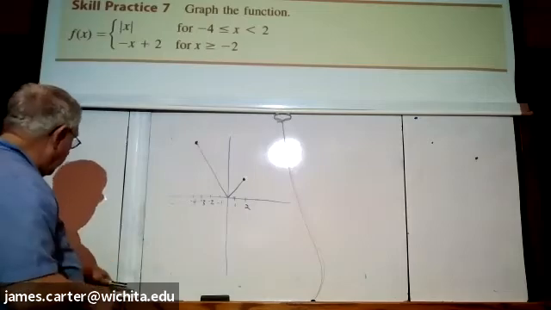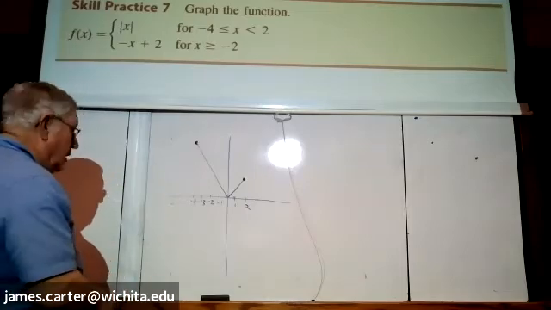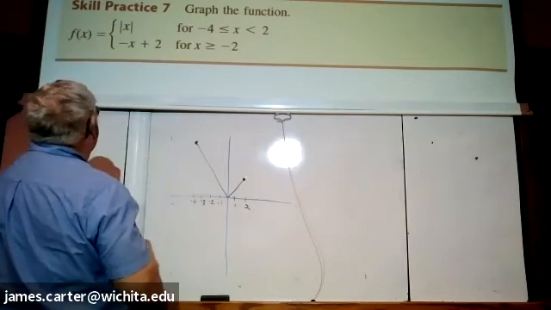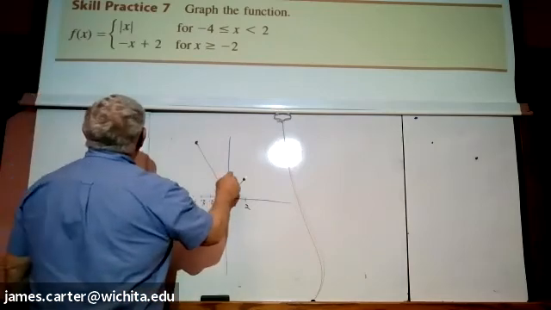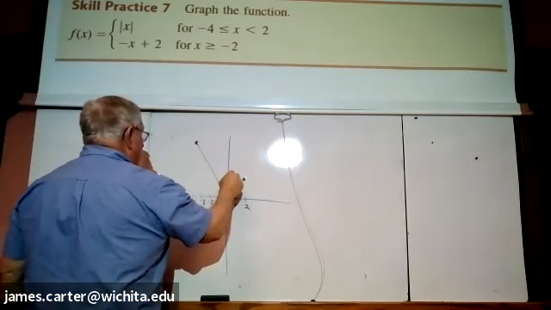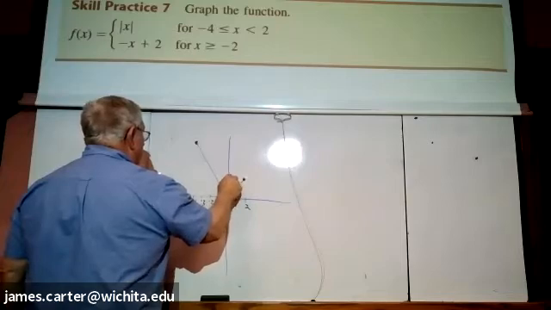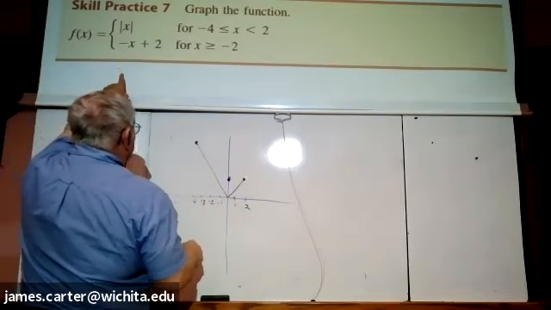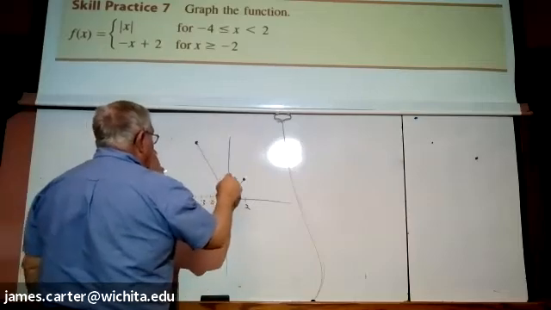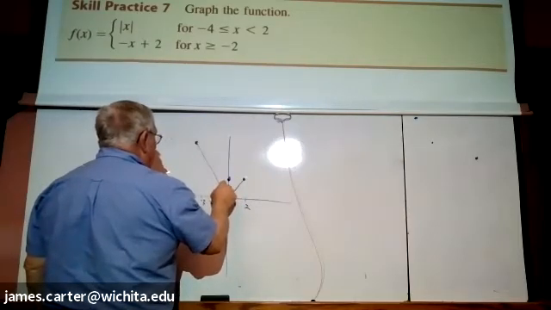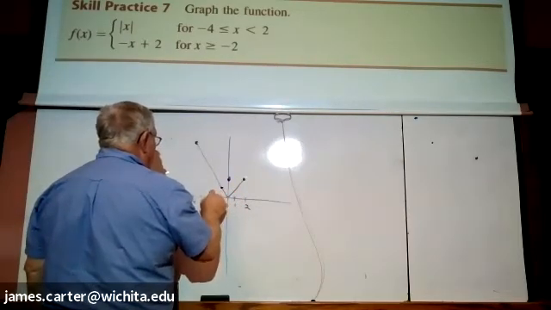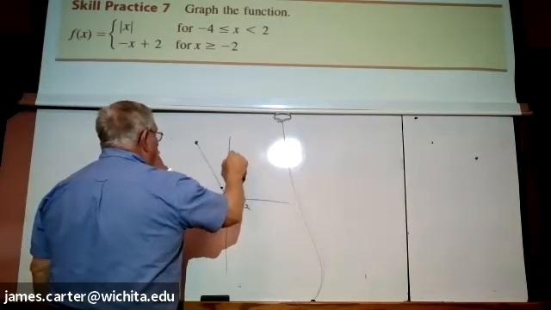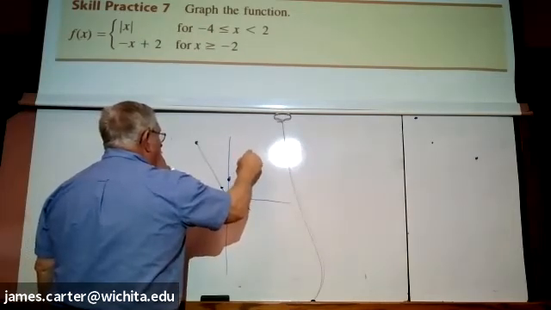Now let's look at the second one. The second one is going to be a line with the y-intercept at +2. Okay. Slope of -1, so that means it goes down 1, left 1, down 1, left 1, up 1, right 1, up 1, right 1.